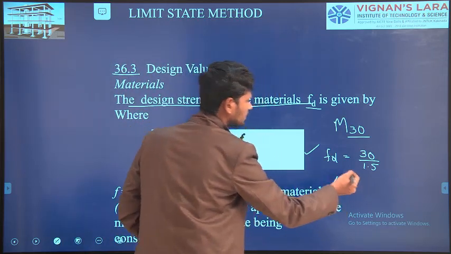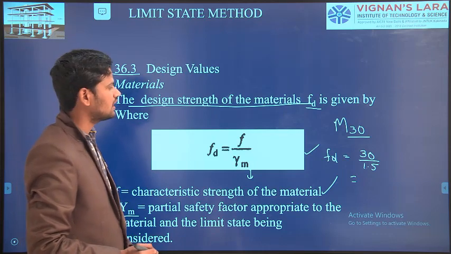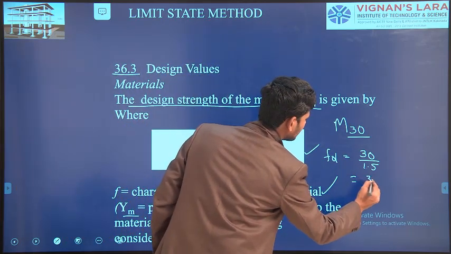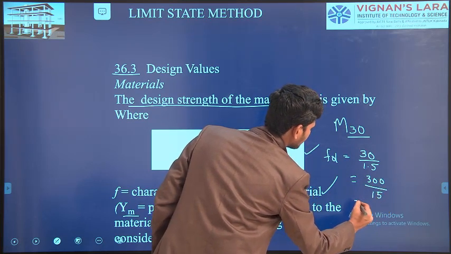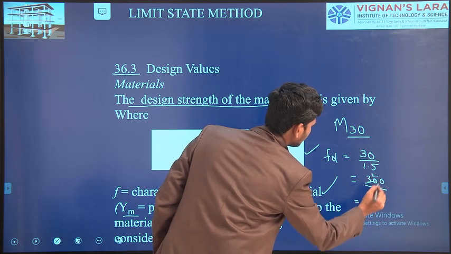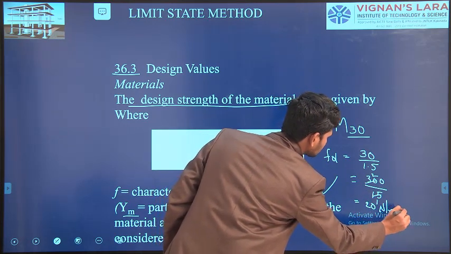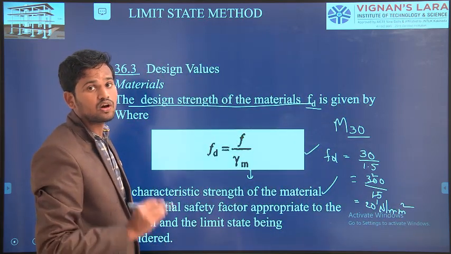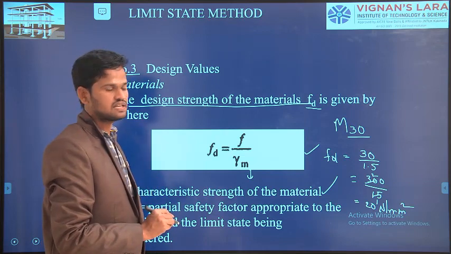If you substitute these values, what are we doing? I am substituting 30 divided by 1.5. 1.5 ones, 1.5 twos, that equals 20 Newton per mm square. This is the design strength of the material for the various types of structures being constructed.